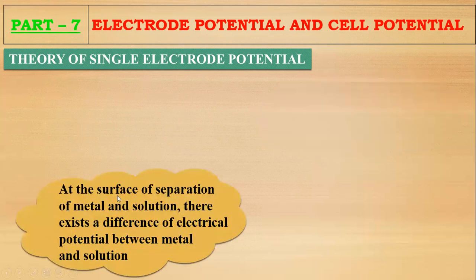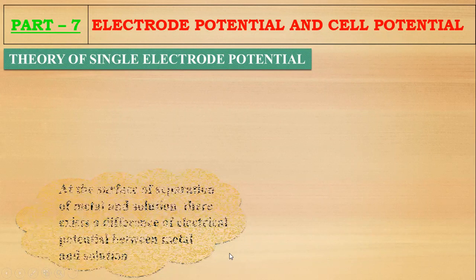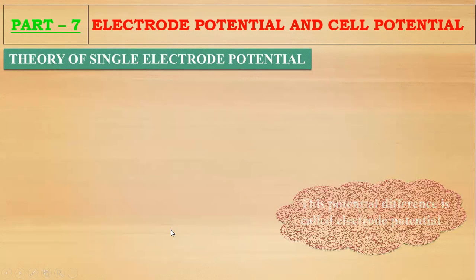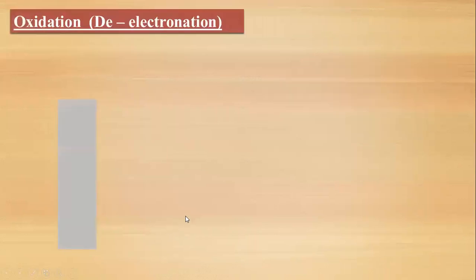Now, at the surface of separation of the metal and solution, there exists a difference of electrical potential between the metal and solution. Right? This potential difference is called what? Electrode potential. I will explain it. See this. Like that oxidation. Oxidation means it is called what?